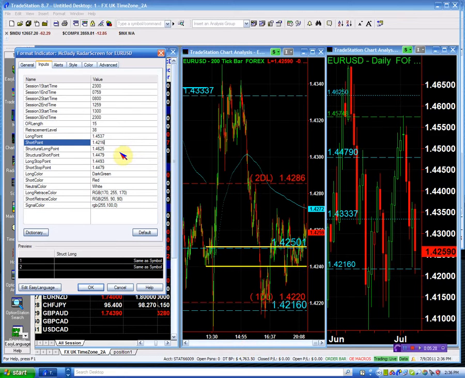That is also my structural short. I'm going to put the stop about 20 pips above it, but that's the point: you don't want to give it too much room. So 142.16 is my short entry, and it is also my structural point.